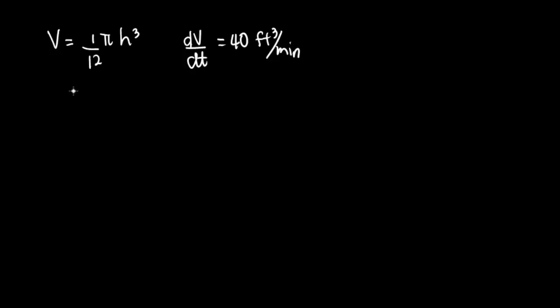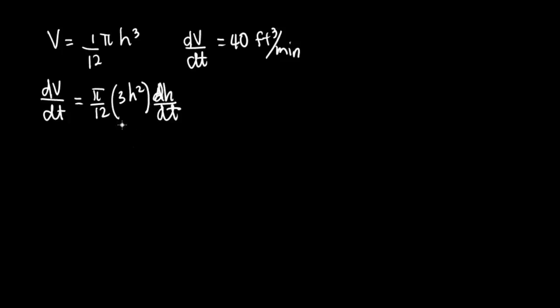So are we ready to differentiate? Yes. So dV by dt, differentiating the left side, is equal to pi over 12 multiplied by 3h squared times dh by dt. Now the rest is just plugging in all the givens. Remember, we always substitute after we differentiate.